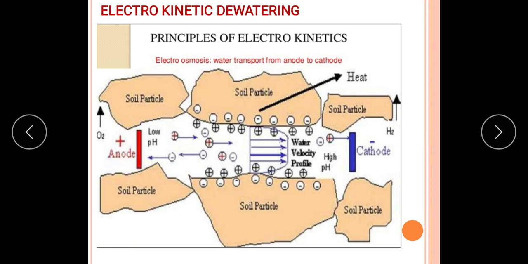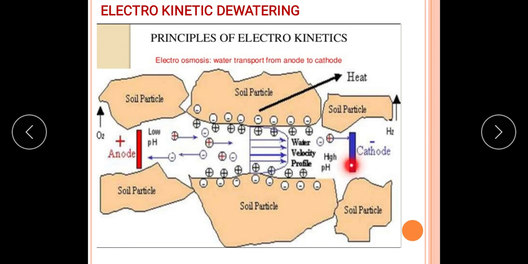Lastly, we have the electrokinetic dewatering system. By applying electricity to the soil, we can make the water move. The principle involves inserting a cathode and an anode into the soil, then applying electricity between them.